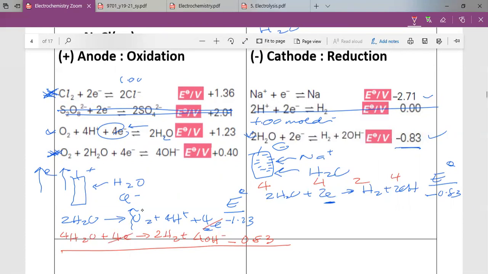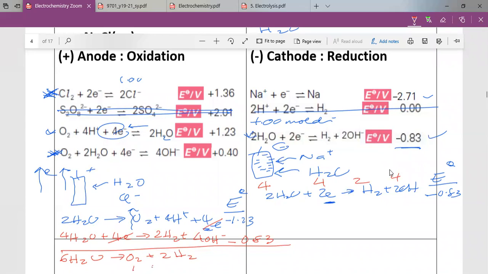Oh, sorry, I put this one wrongly here. Hold on, I just pause. Okay, so we just add up everything. So it's 6 H2O, which will become O2 gas given out plus 2H2 gas given out.